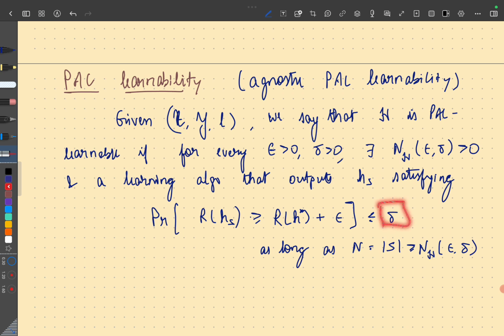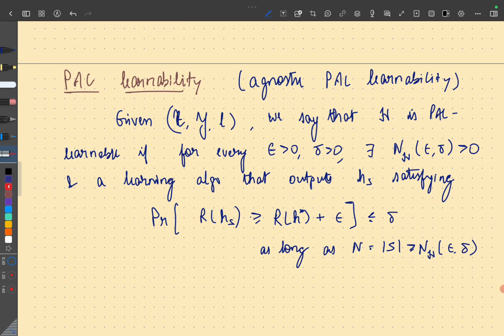And that's exactly what this delta is designed to characterize: it's impossible to do well all the time. But given a sufficient number of samples, I should be able to control delta. If I take more and more samples, then hopefully I should be able to achieve R of h_S within this epsilon, with a certain minimum probability, 1 minus delta.